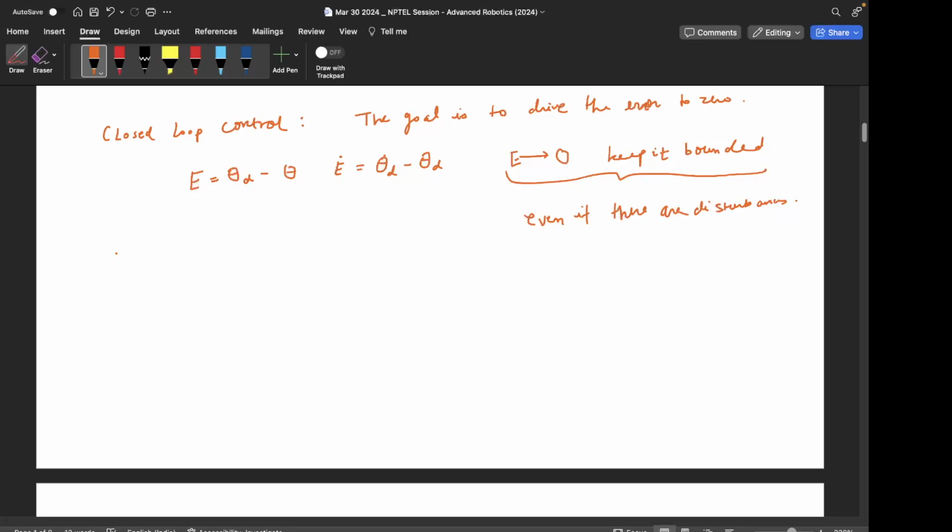Now, for an n joint manipulator, what we have seen earlier in dynamics, the system dynamics is highly nonlinear and coupled, right?